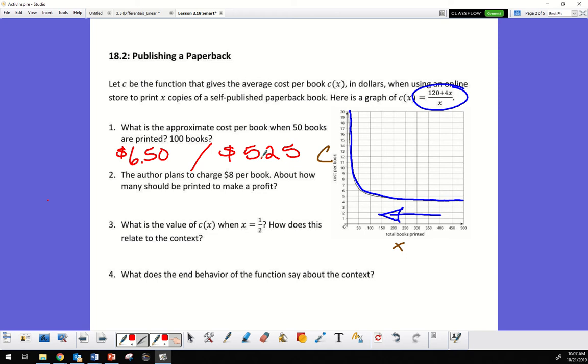Okay. So the author plans to charge $8 per book. How many should be printed to make a profit? So now, if the author is charging $8 per book, I'm going to erase this so I can see a little bit clearer.